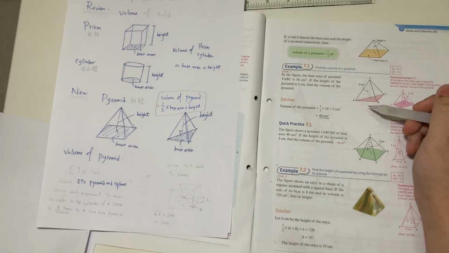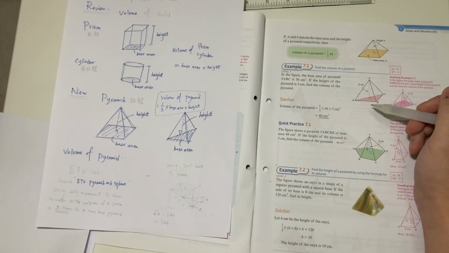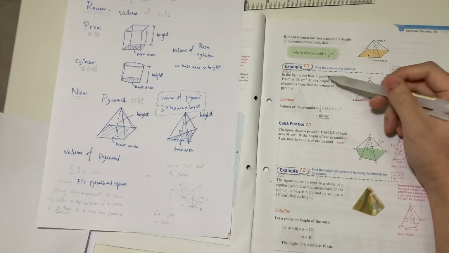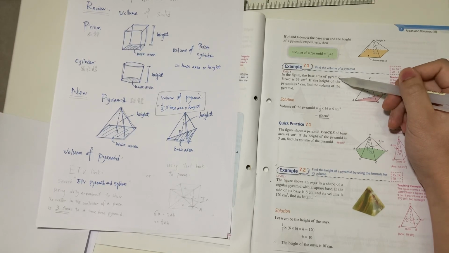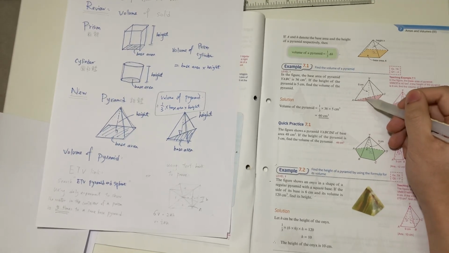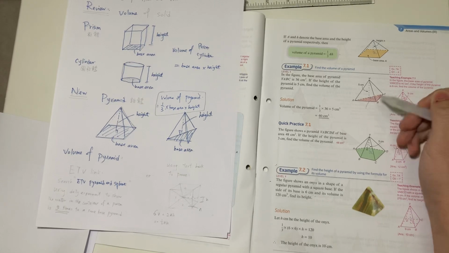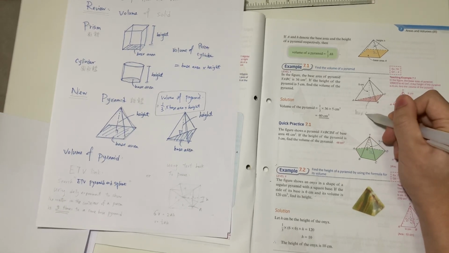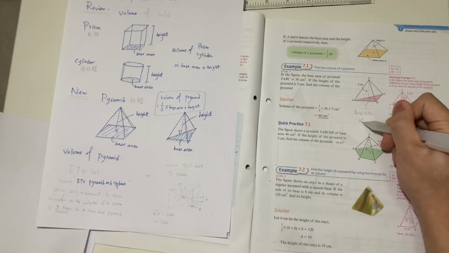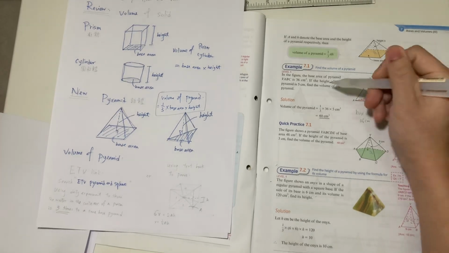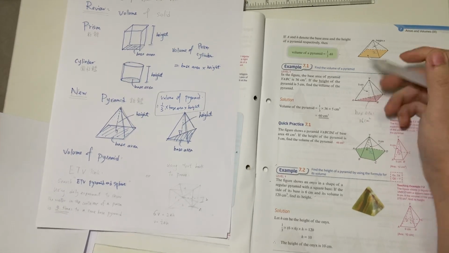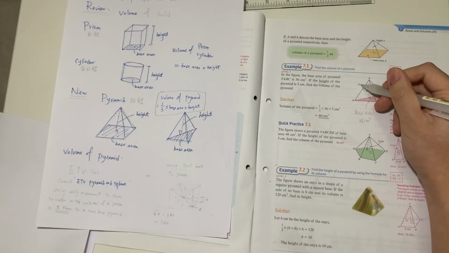Now, you can try example 7.1. First, you can see these pyramids have the base area; you don't need to calculate it. They give you the base area already, 36 cm square, and they also give you the height, which is 5 cm.